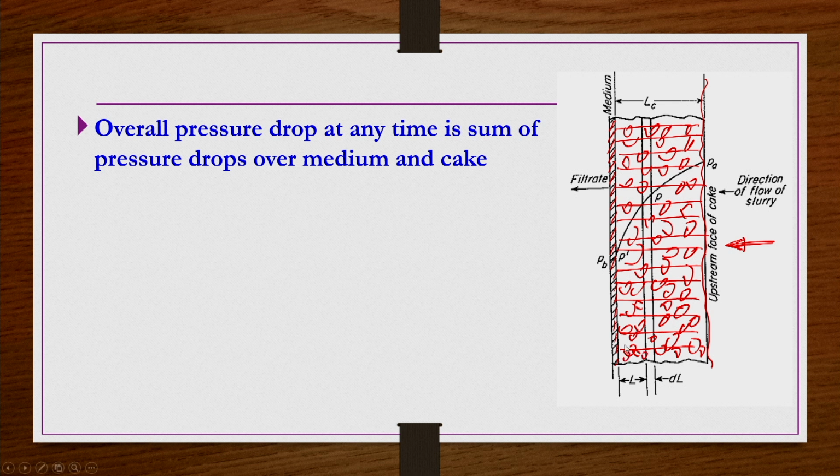Here, the pressure at the top surface of the cake, let us call it PA, and the pressure downstream on the filtrate side, let us call it PB. There is one more pressure, different from PA and PB, at the interface between the filter medium and the cake formed, and that pressure is known as P prime.